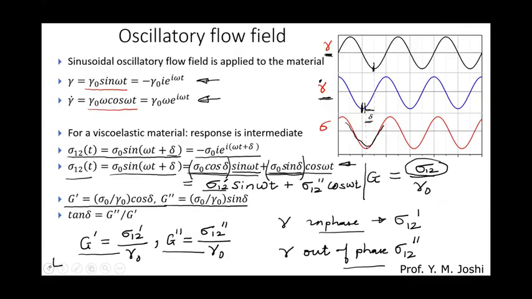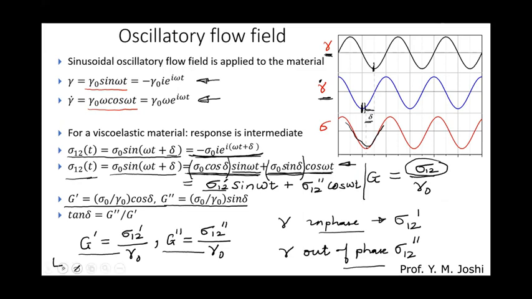All right. So this definition of G prime and G double prime we simply obtained by resolving stress into in-phase strain component and out-of-phase strain component. All right. There is another way of doing it, and that is the complex representation form of stress.